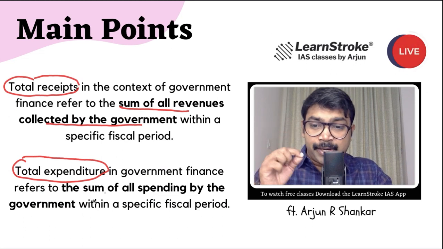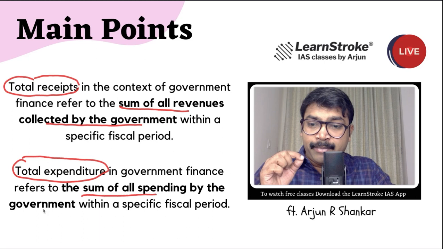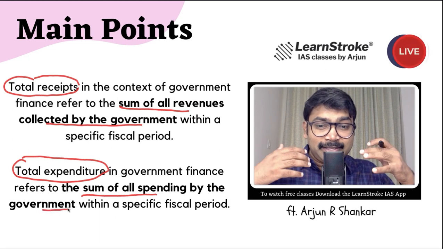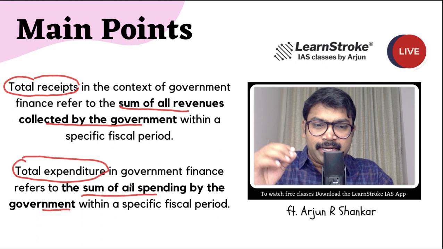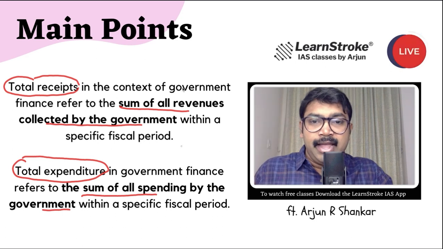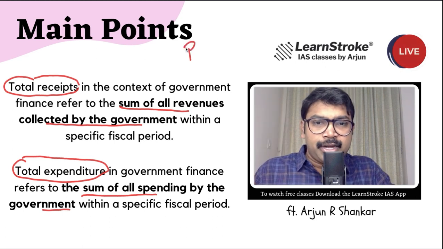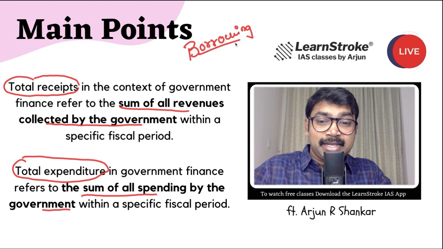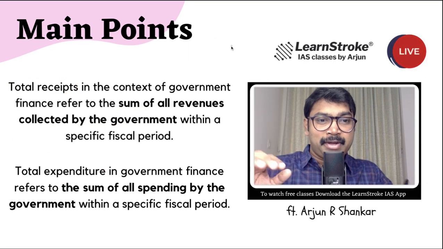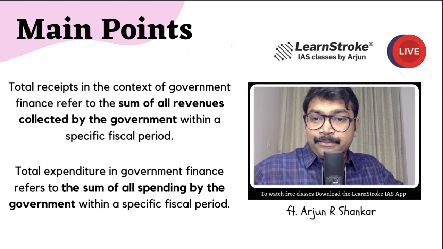And total expenditure is the sum of all spending by the government, whether it be capital expenditure or revenue expenditure, whatever the government spends. On top of this, there is also something called borrowing, which we should have an idea of, because of how much the government is also borrowing. So knowing total receipts and total expenditure is very important to understand the budget.